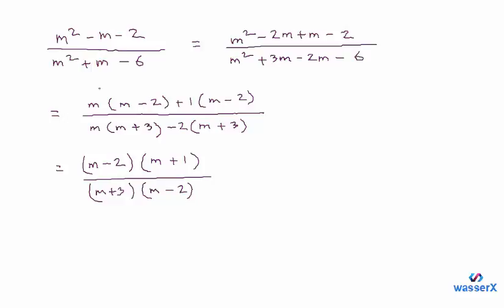So now we have the numerator and the denominator in their factored form. Let's cross off the common factors, which is m minus 2 from the top with m minus 2 from the bottom. So the simplified form of this expression is m plus 1 on the top and m plus 3 on the bottom.